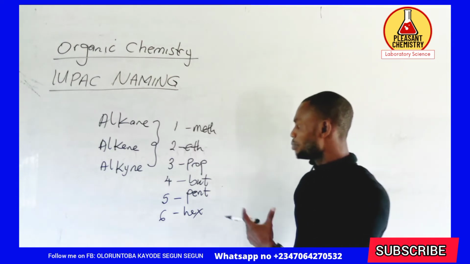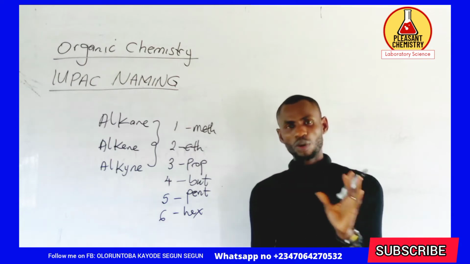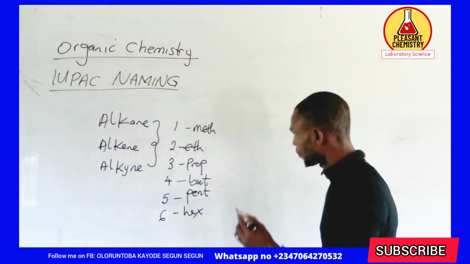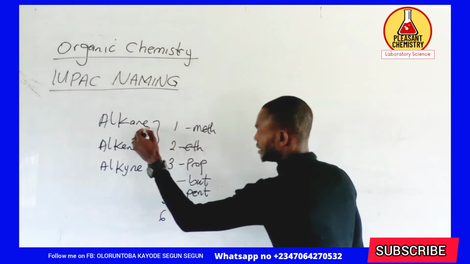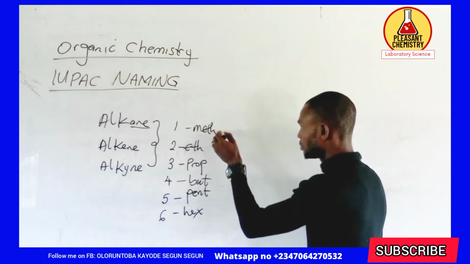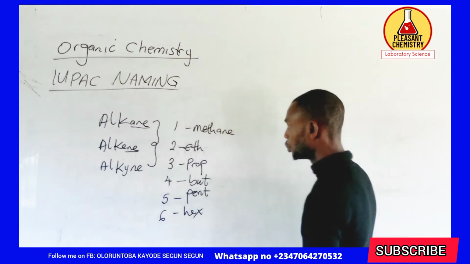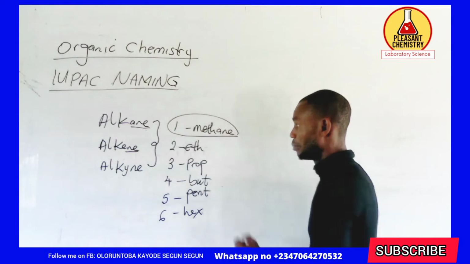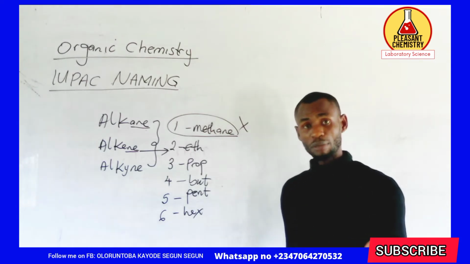So the combination of the number of carbons and the family that compound belongs to makes a complete name. Take for instance, if you are talking about the family of alkane, alkane ends with A-N-E, that's their surname. So this one will end with A-N-E: methane. Though for alkene, their members don't start from 1. Their members start from 2.